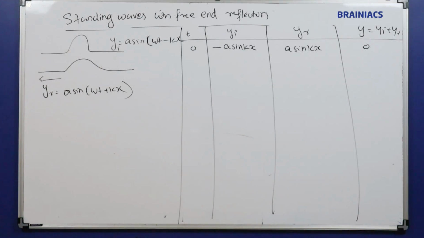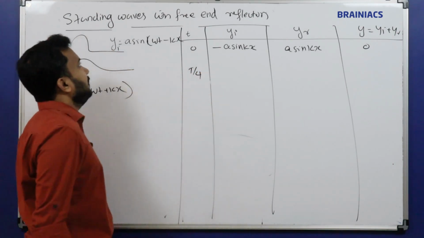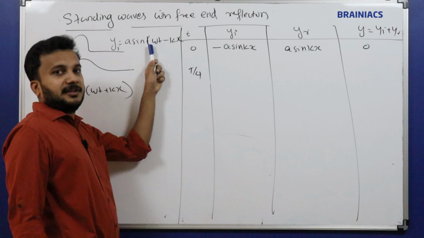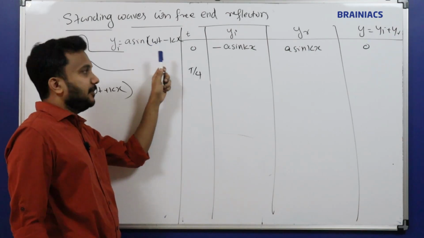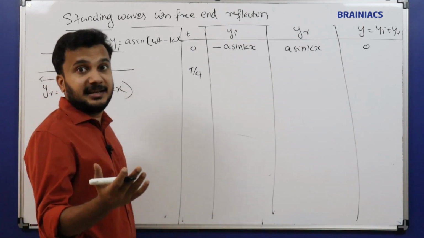Now at t is equal to T by 4. We have to substitute T by 4 here. Here y is equal to a sin of omega t minus kx, and omega is 2 pi by T. With T by 4, it becomes pi by 2 minus kx. Pi by 2 minus kx means which quadrant will it fall in? Correct? Sin of pi by 2 minus kx.